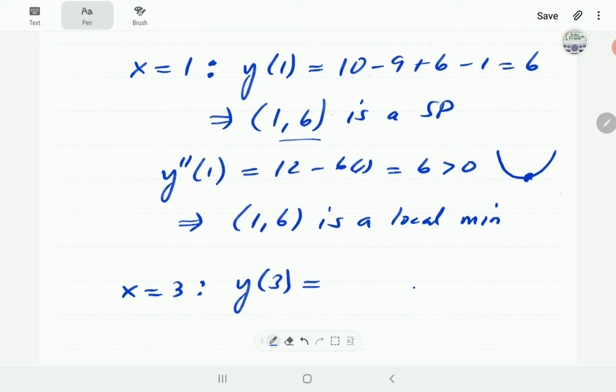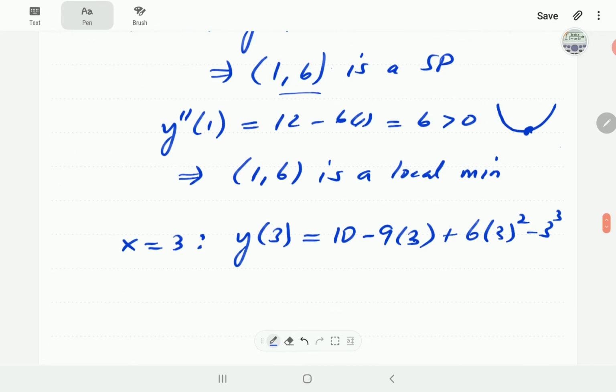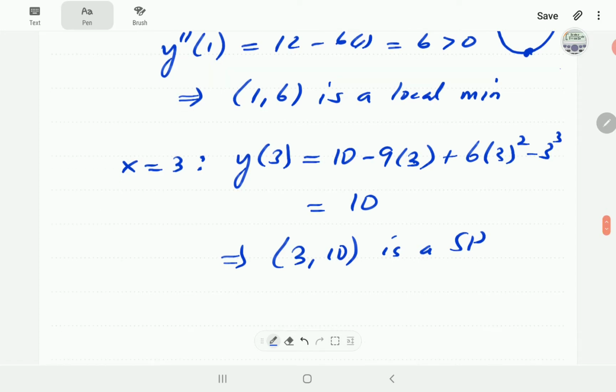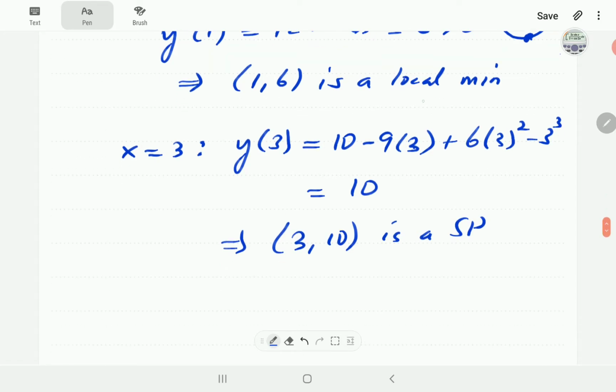So the first thing, we need to find the value of y. So if we plug into the y equation, it's going to be 3 squared here and 3 cubed there. So this works out to 10, which means that (3, 10) is a stationary point. Is it a local maximum or local minimum?